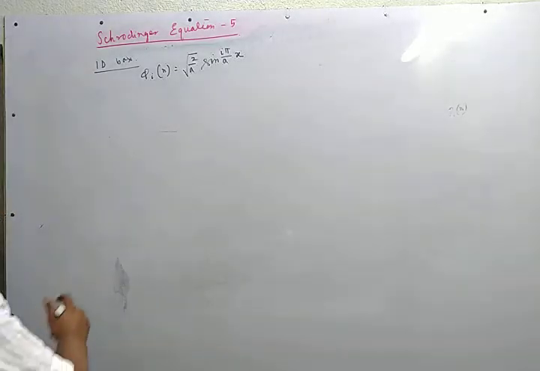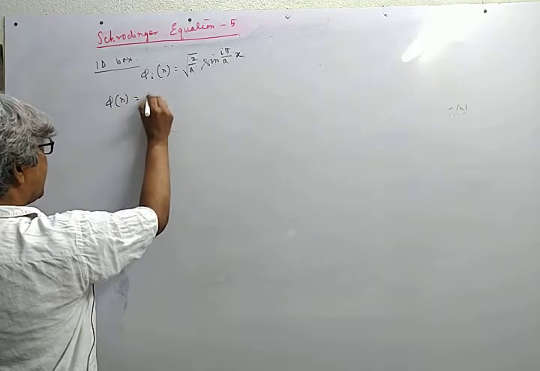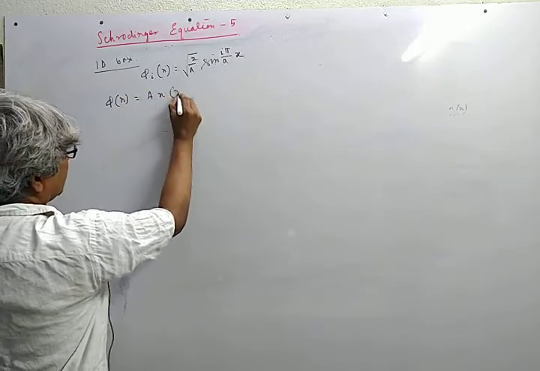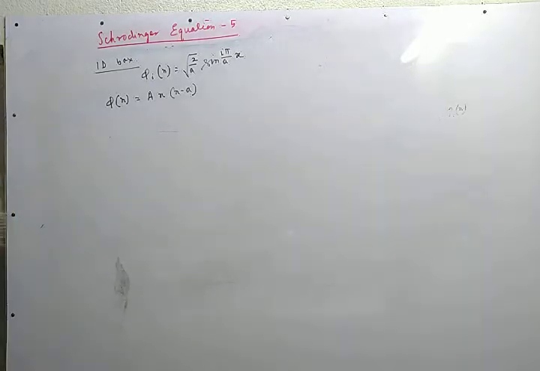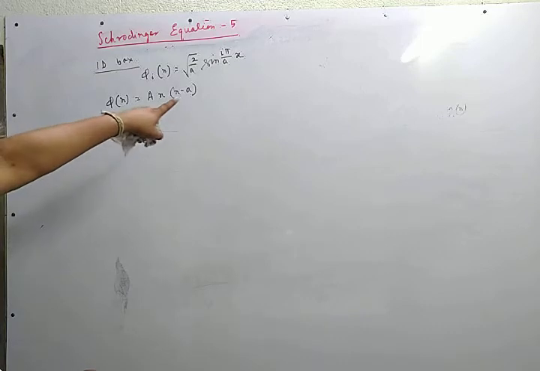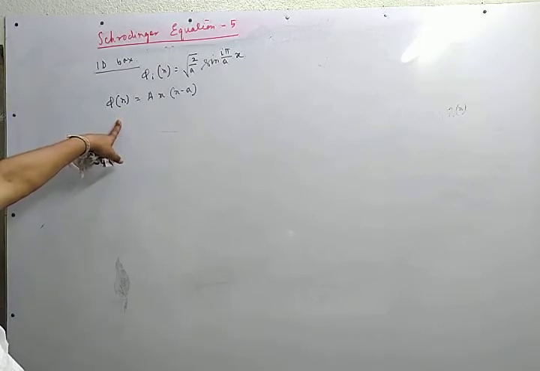So we consider a general state as being this. The condition that must be satisfied by the wave function is that it should be 0 at x equal to 0 and x equal to a at the extremities. It indeed satisfies this condition.